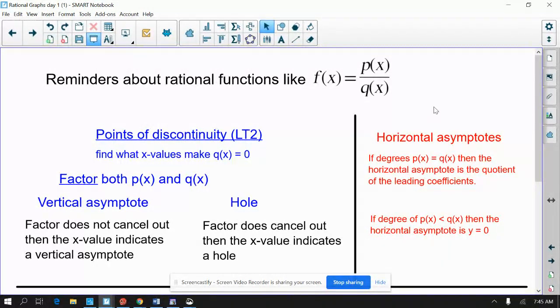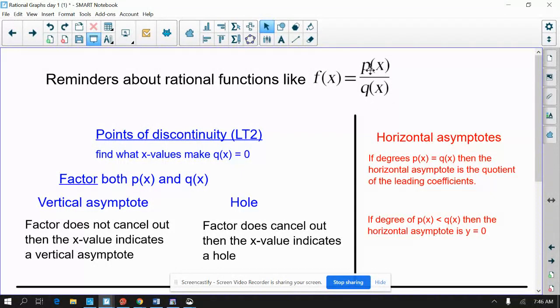Horizontal asymptotes are something we learned in Algebra 2, and you are forgiven if you forgot, because that's just human nature. But let me remind you, if the degrees of p and q are the same, then there's a horizontal asymptote, and it's just the leading coefficient of p divided by the leading coefficient of q.